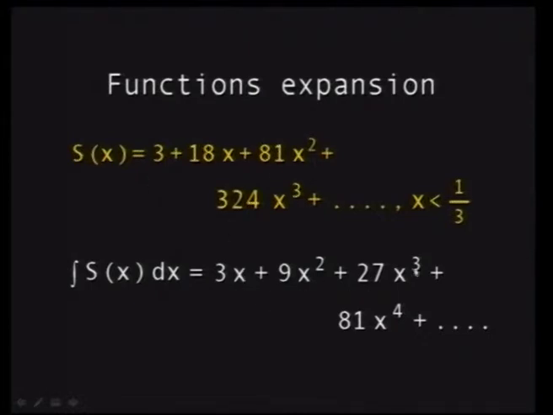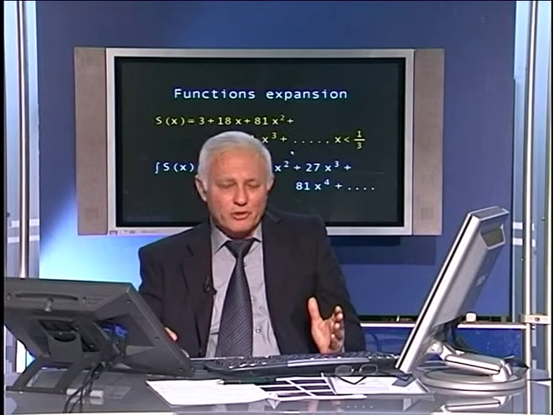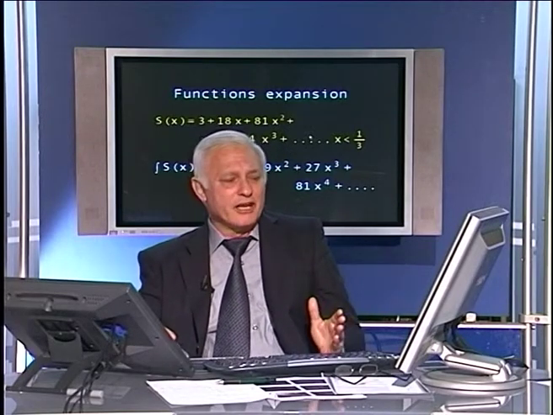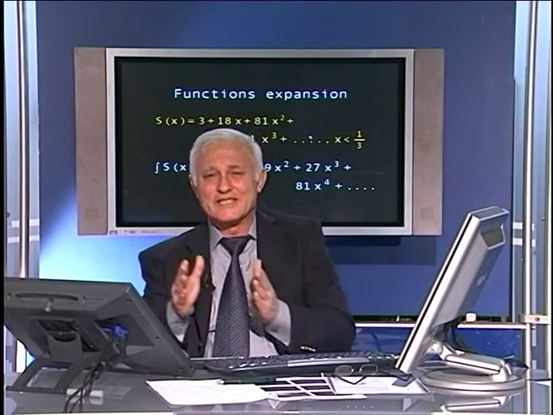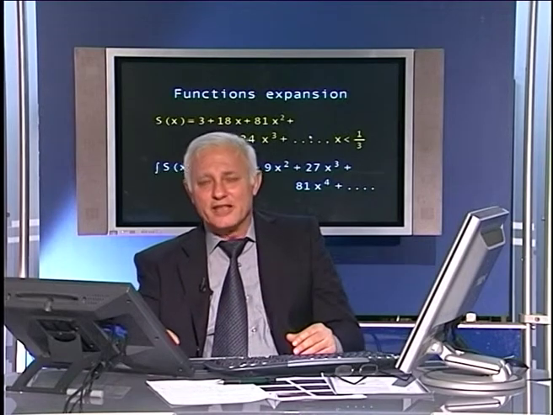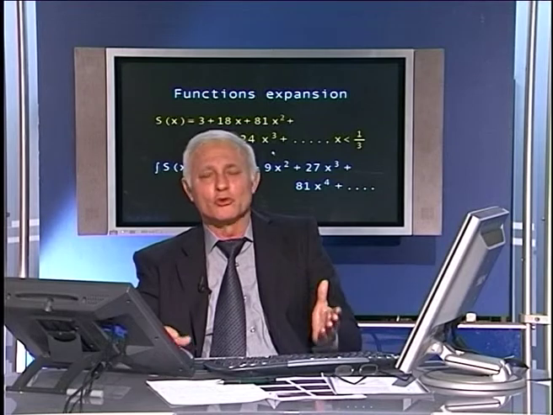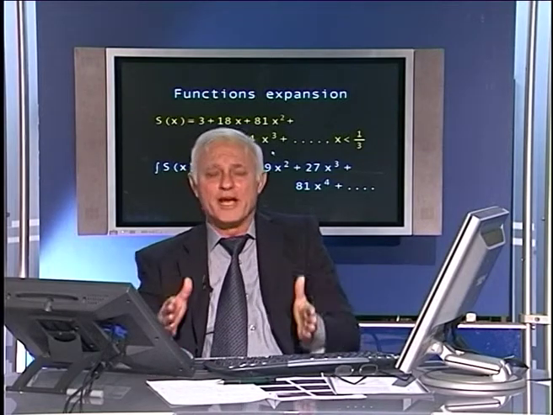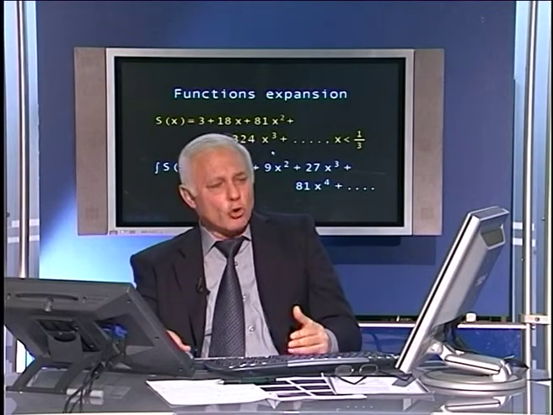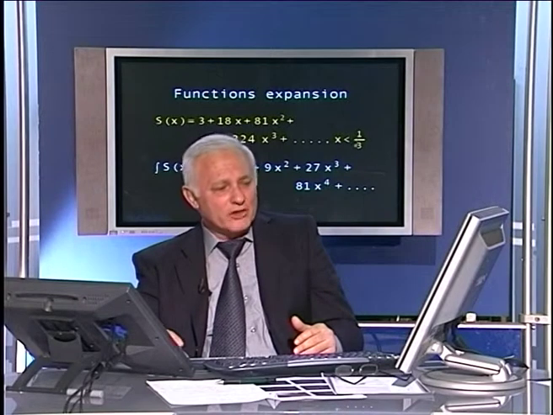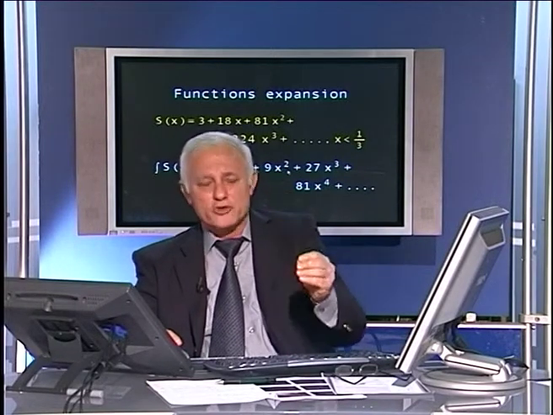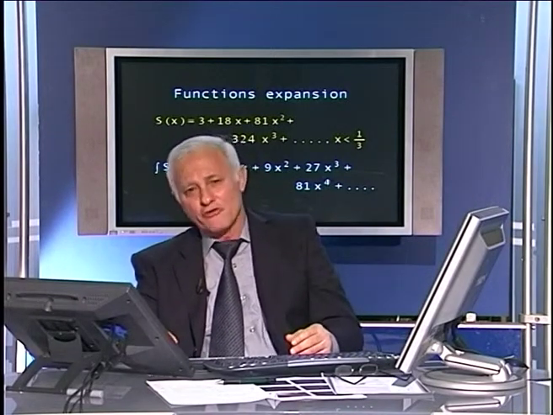When you integrate it, you get a geometric series. This geometric series has the first term equal to 3x, and the ratio is equal to 3x. We said before that for a geometric series, if the modulus of the ratio is less than 1, then the series converges. Here the ratio is equal to 3x, so the region of convergence is given by the modulus of 3x less than 1, or modulus of x less than 1/3, and this is the condition imposed in order to obtain convergence of this series.